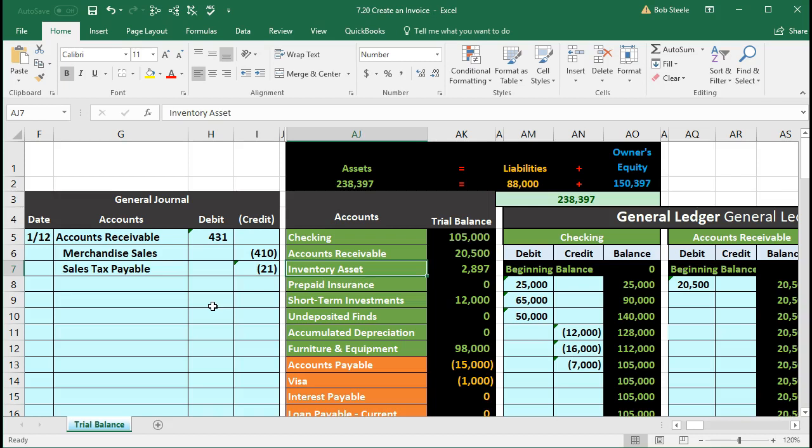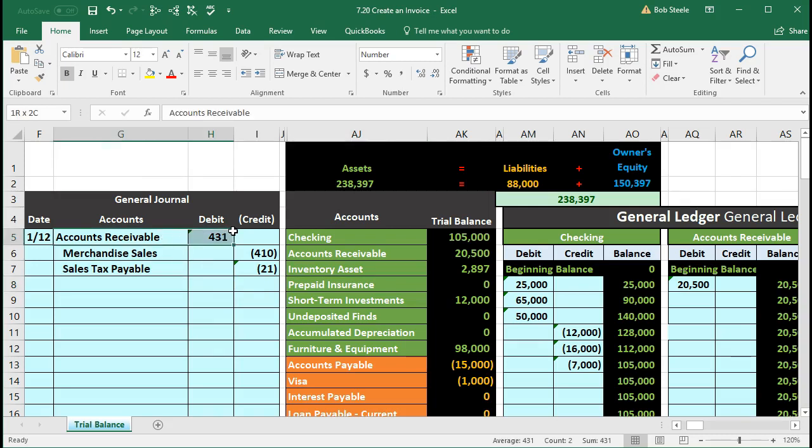If we're looking at a computer system which is driven by rules, meaning this happened at the same time and is in essence the same transaction and the debits always go on top, credits always go on bottom, then it's going to look a little bit different, or more difficult for us to read. So keep that in mind as we do things in a computer system, why we're doing things in those different formats and how we can do so to get the best results. So let's go ahead and post this first.